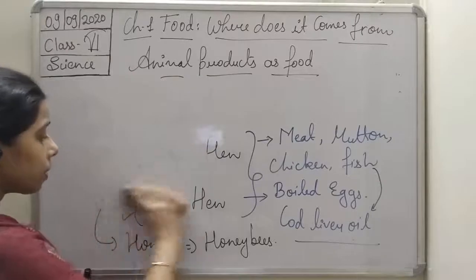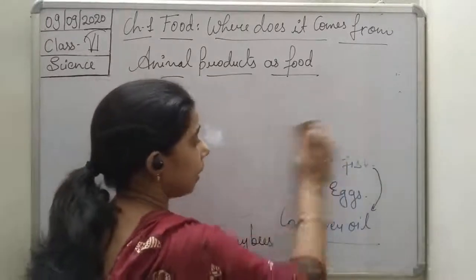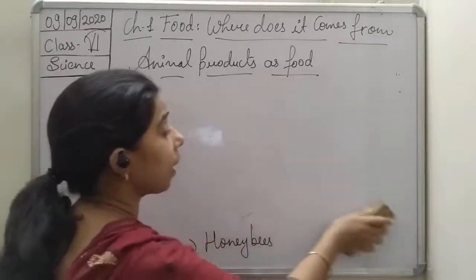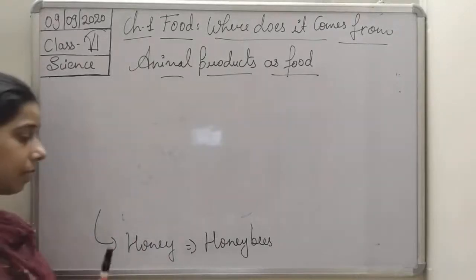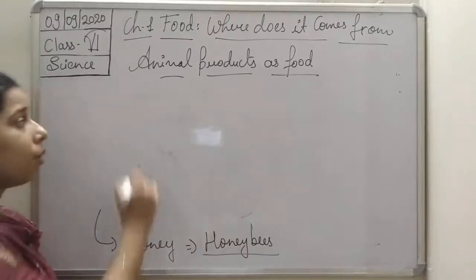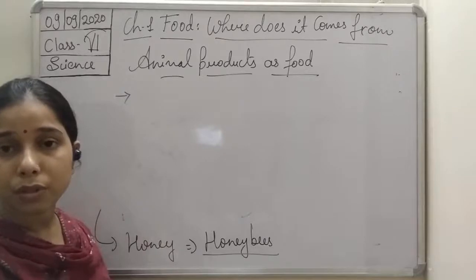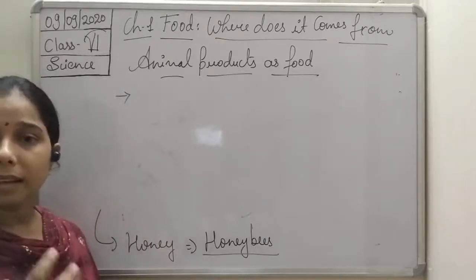Now out of this milk, students, out of this meat and the egg, there is another thing, and that is honey. Honey, in Hindi we call it shahad or madhu. Basically we obtain this from honeybees. Now, how does the formation of honey occur, students? Honeybees collect the nectar.